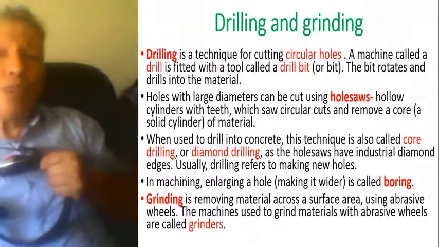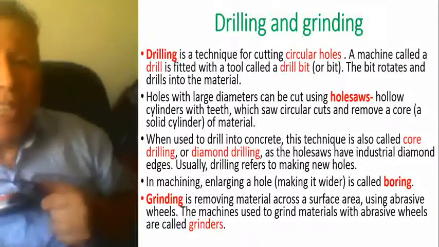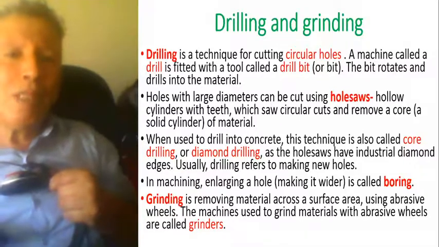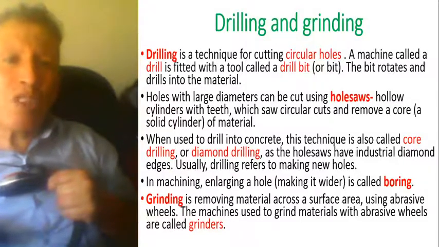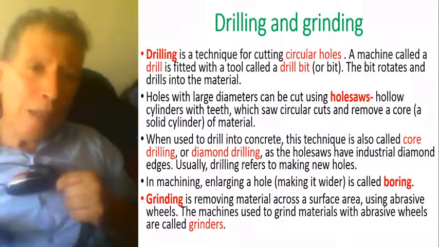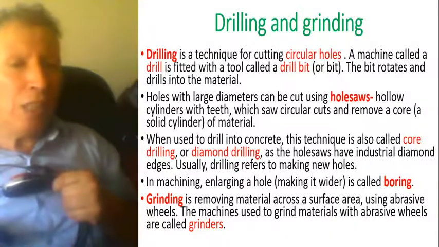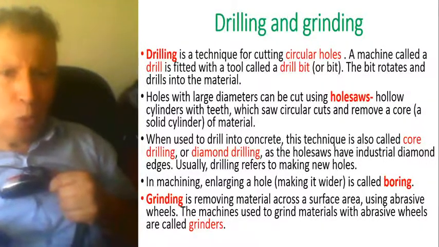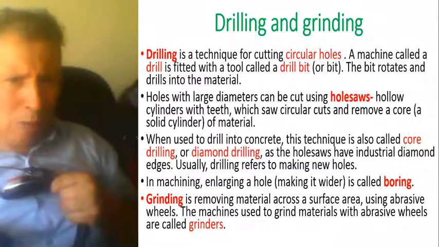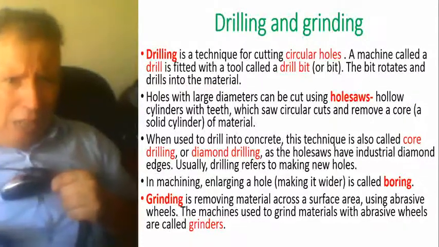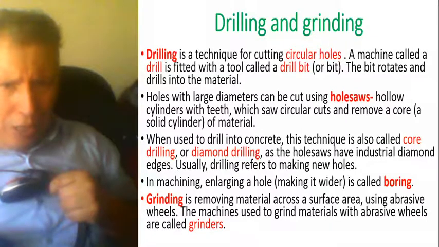Now let's move to the next machining activity, which is drilling. To drill means to make a hole in a piece of material or in stone or somewhere. Drilling is a technique for cutting circular holes.